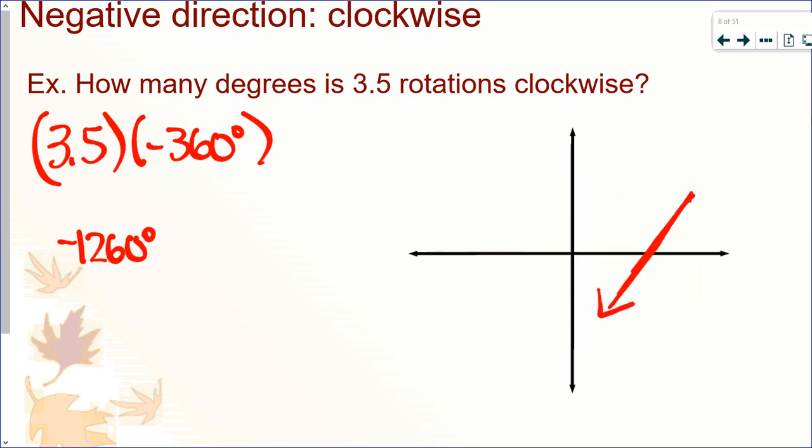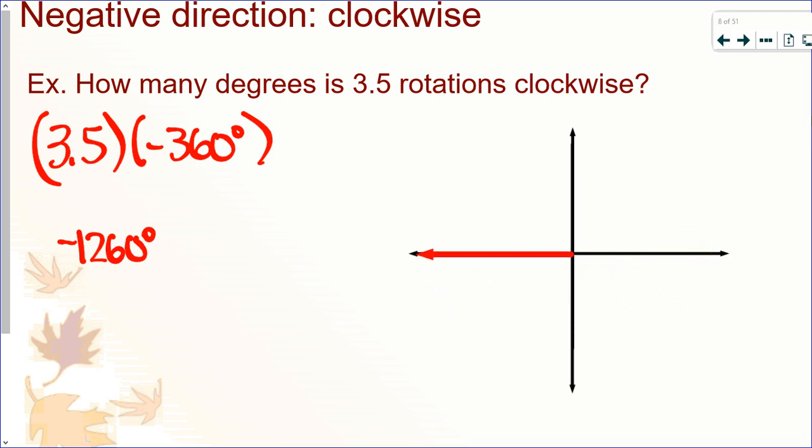Let me get a true arrow here. Okay, so if I take this, let me just rotate it. So this is going to be -1 rotation, -2 rotation, -3 rotation, and then -3.5.